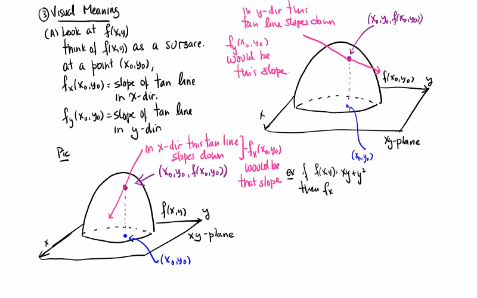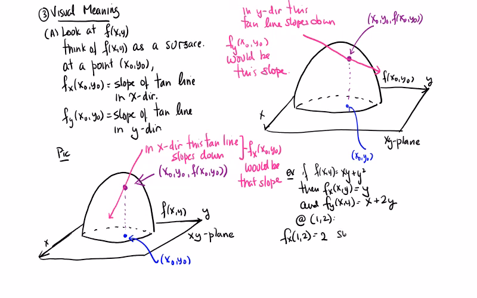We can find f sub x of x, y, and in this case we get y plus 0, just y. We could do f sub y of x, y, which is x plus 2y. And then we could say, for example, at the point 1, 2, f sub x of 1, 2: f sub x is just y, so this is 2.